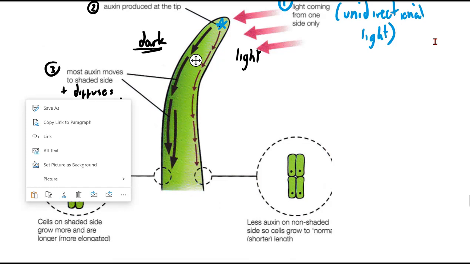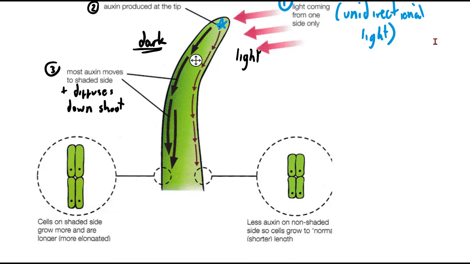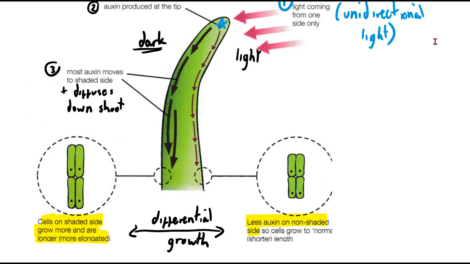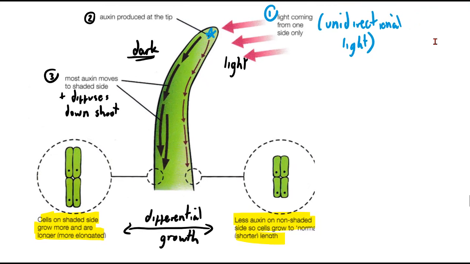Now, this is what we're saying happens to the cells. And this part here, if we're comparing these two, this shows differential growth. The cells on the shaded side grow more and are longer, whereas the cells on the non-shaded side are a shorter length. So auxin has caused the shoot to bend towards the light by causing differential growth.